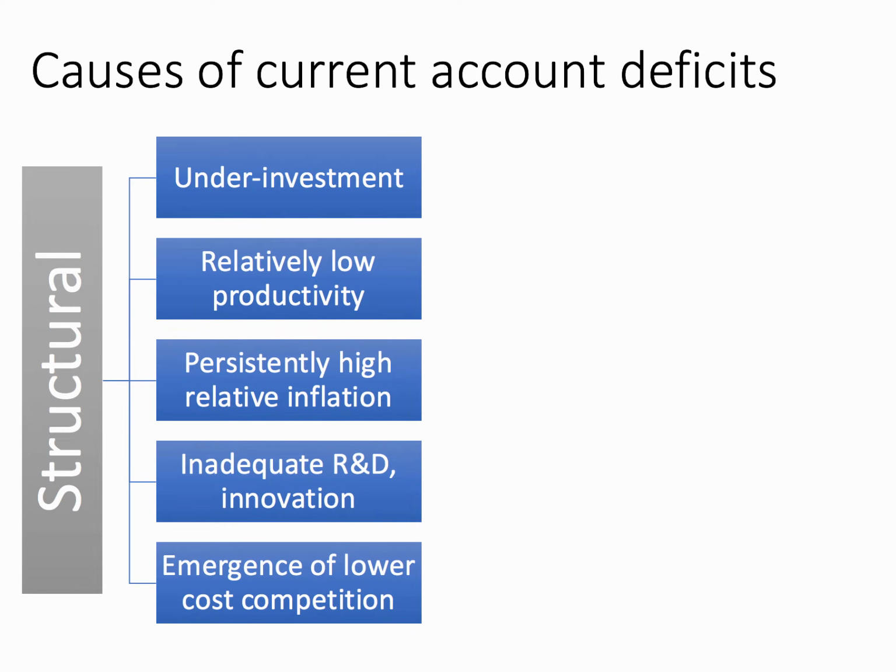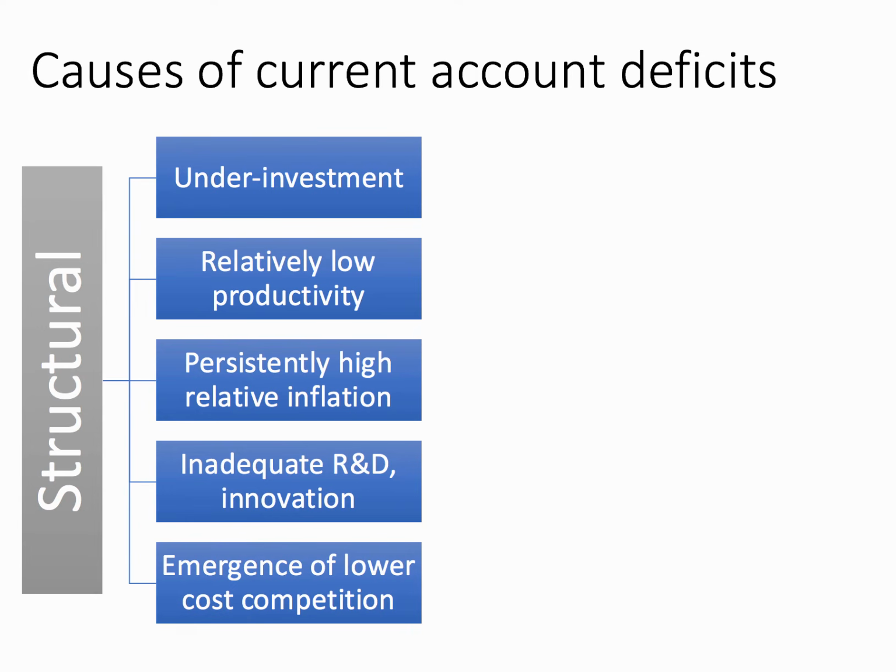And so too can a country which has persistently high relative inflation. So, for example, if your inflation is 8% and the average of your main trading partners is, let's say, 2%, then assuming the exchange rate stays the same, you'll be losing 6% of price competitiveness every year. Another cause on the supply side is a low level of research and development, or not enough businesses on the cutting edge of the technological frontier.